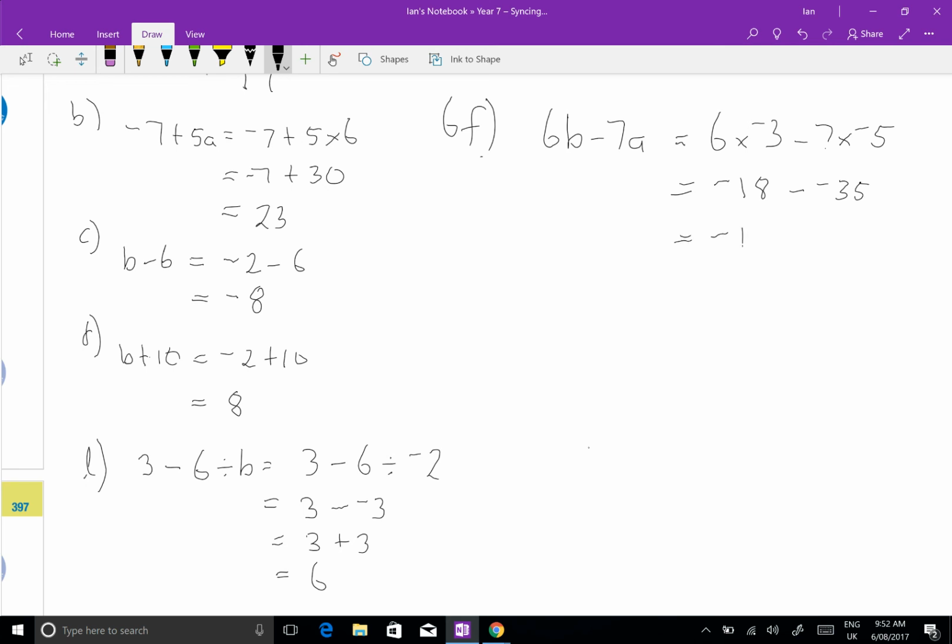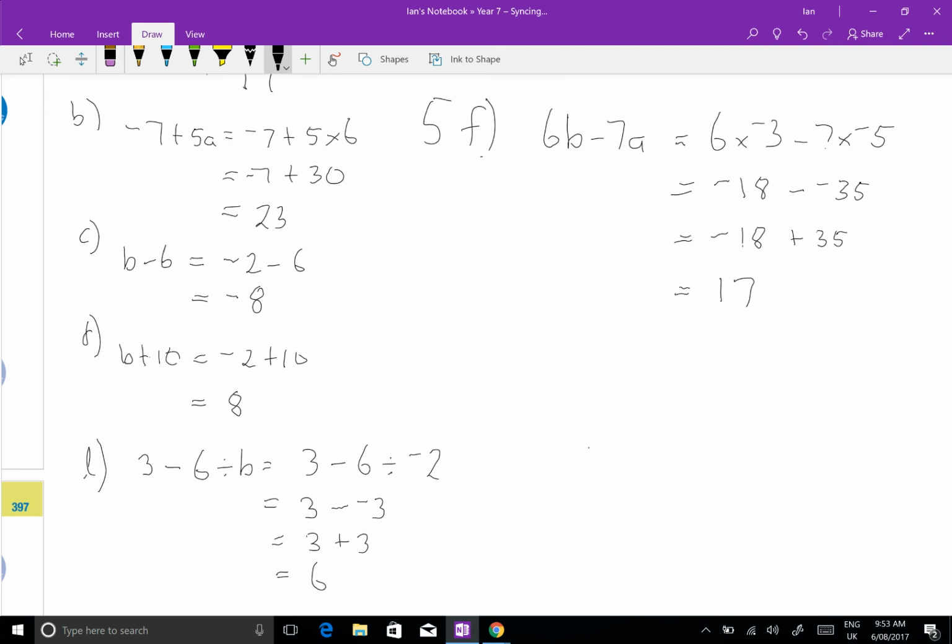Well, that's negative 18. Minus minus becomes a plus 35. Negative 18 plus 35, I'm pretty sure will be 17. And I just check to make sure 5F is 17.